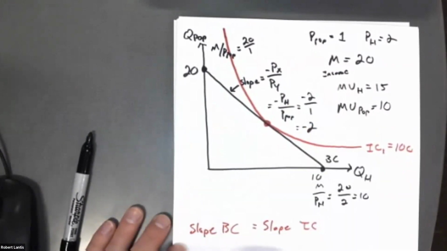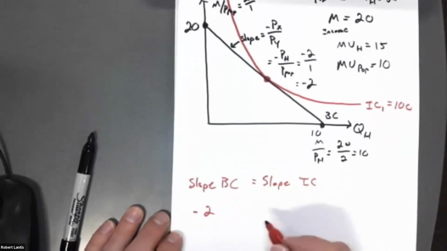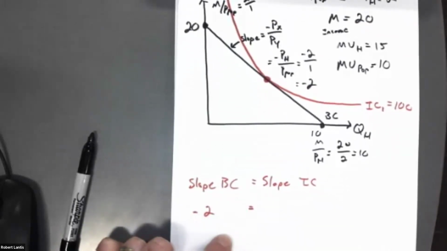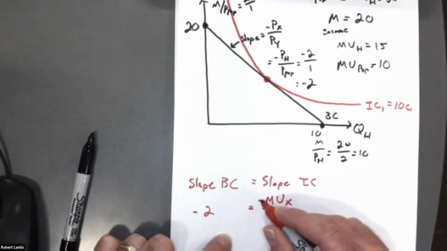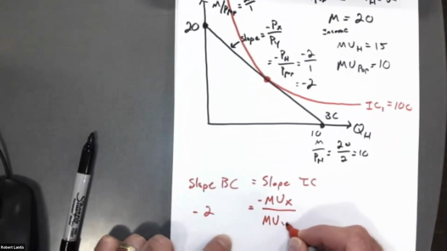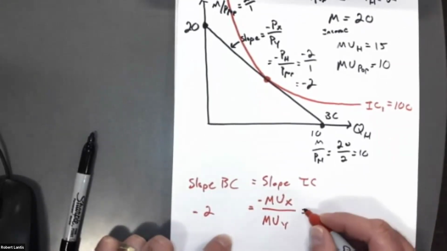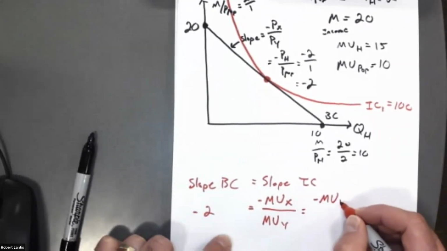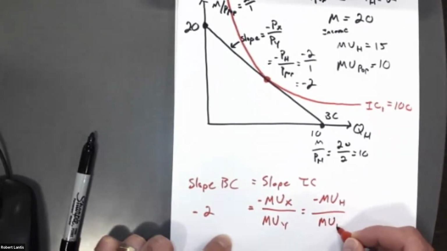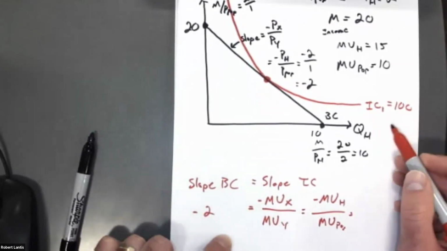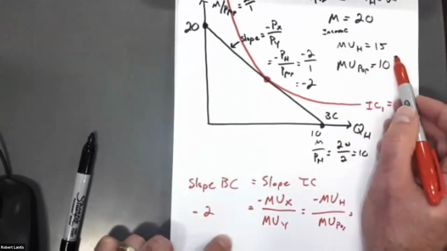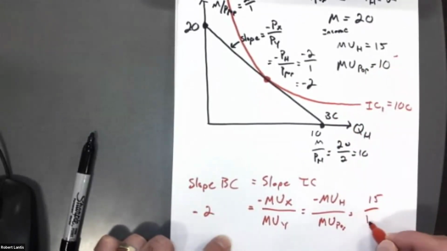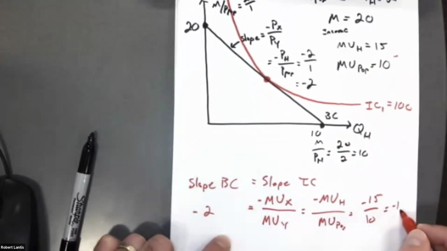Well, we just said the slope of the budget constraint was negative 2, okay? So the slope of our indifference curve, that is the negative marginal utility of good X over the marginal utility of good Y. Or for us, marginal utility of hamburgers over the marginal utility of pop. So here I've got what? The marginal utility of a hamburger, where are we at? There we go. So this was 15 over 10 or negative 1.